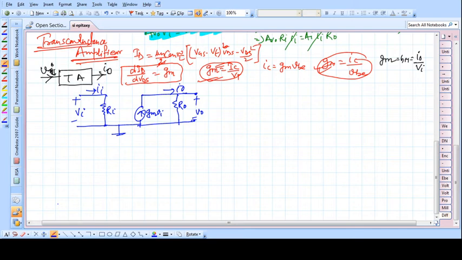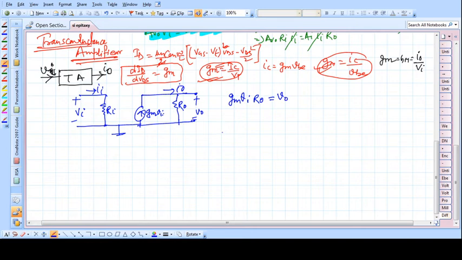In this one, the output voltage V naught is somehow Gm Vi into R naught: Gm Vi and R naught is simply our V naught.